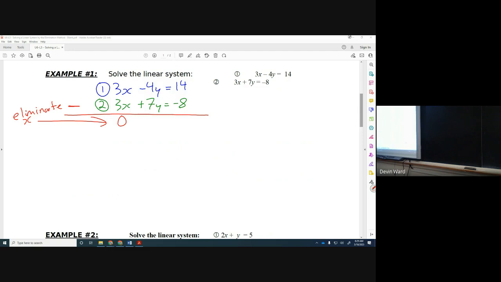Okay, so it doesn't have to be x that we eliminate. We could eliminate y, but we're going to get rid of one of them. Now we're going to have negative 4y minus 7y.